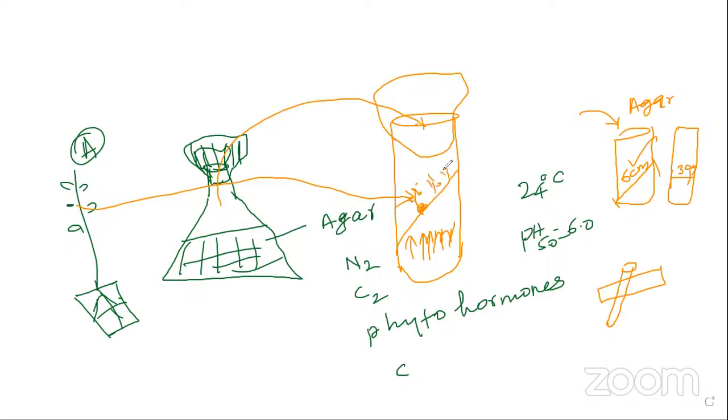Completely, it will grow as plantlets within the lab only. After that, it will be passed on to the hardening process, from lab to land. That is called hardening. Actually, discuss, my dear. See this one.